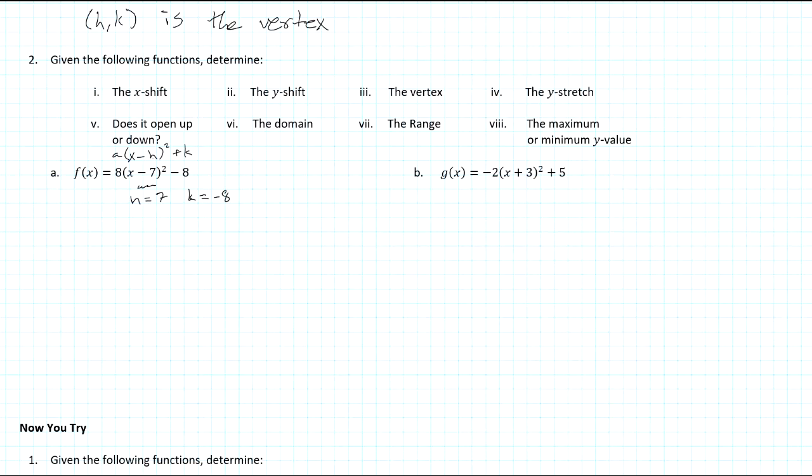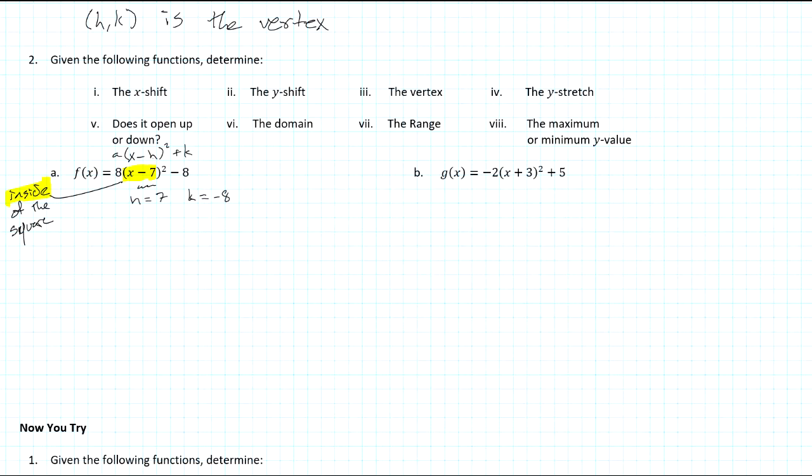So k equals -8. Essentially, you could think of, for the inside of the square, then we get the h value, and it's the opposite sign. So if it's an x minus 7, then h is positive 7.